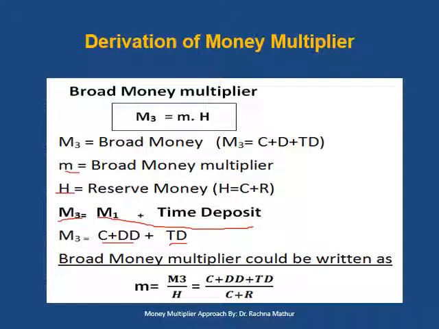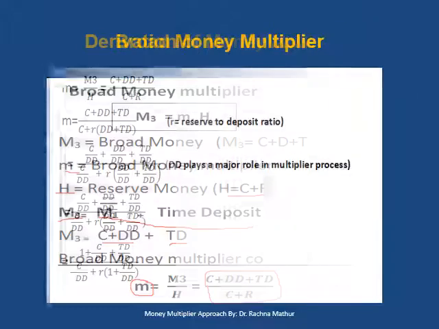H is the high powered money or reserve money, and as we have already seen, H is equal to C plus R, currency with the public plus reserve with the banks. Now we can rewrite the broad money multiplier, small m, equals M3 upon H, which is further written as currency plus demand deposit plus time deposit upon currency with the public plus reserve with the banks.